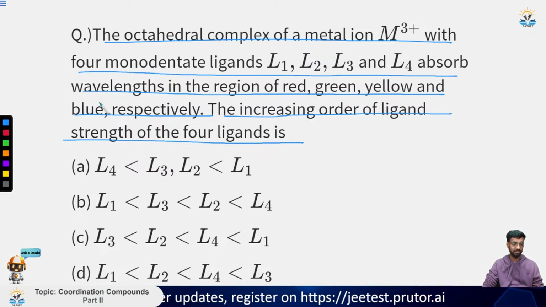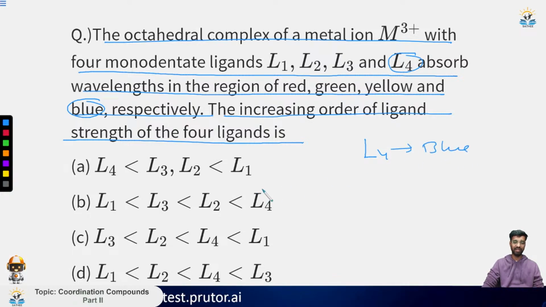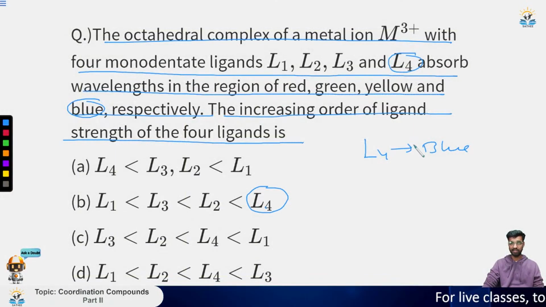Now, this is the blue. So L4 is having blue. That means it will have the highest energy. It is absorbing the blue light, so L4 has the highest energy. Then we have yellow, but before that it is green.